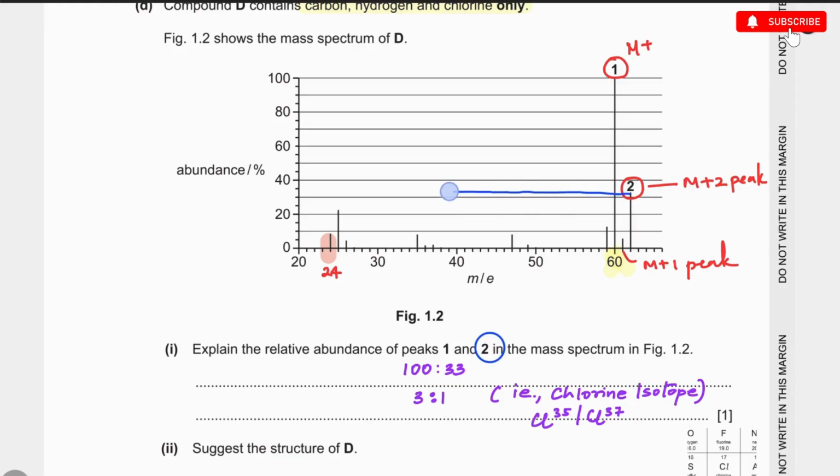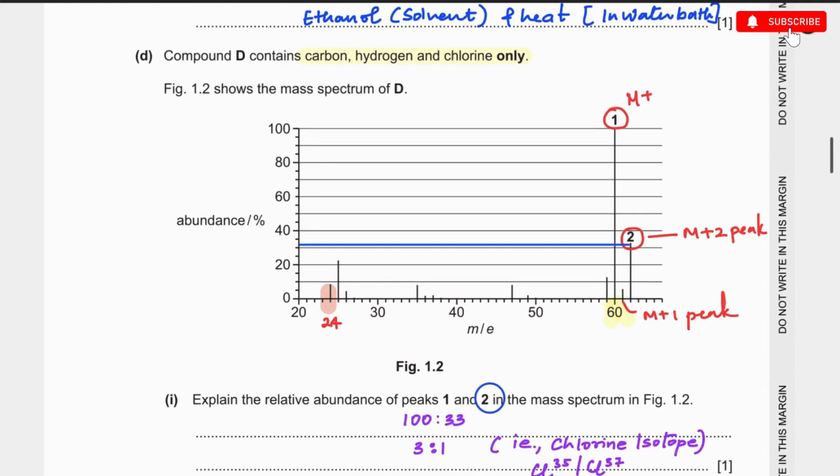You make a straight line here. So it's coming around 33, right? Yes, 33. So we can write that the ratio between the M+ and M+2 peak would be 100 to 33.